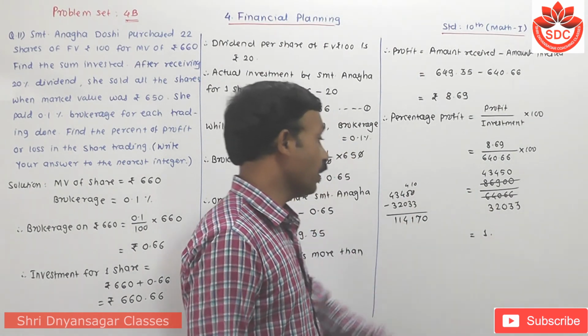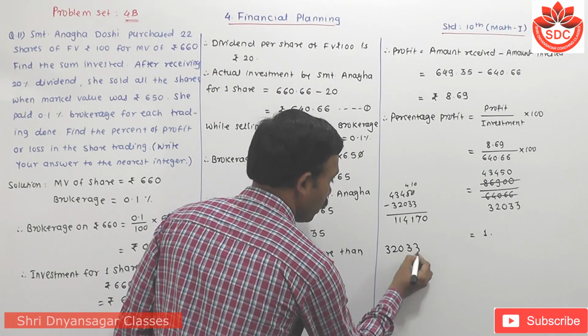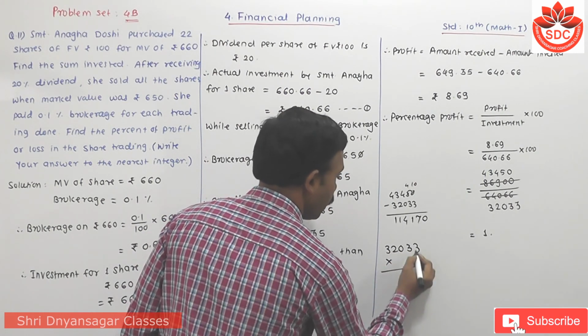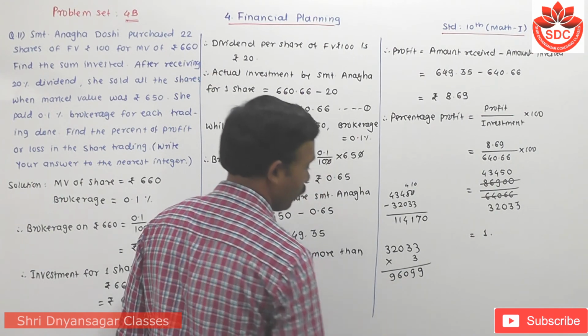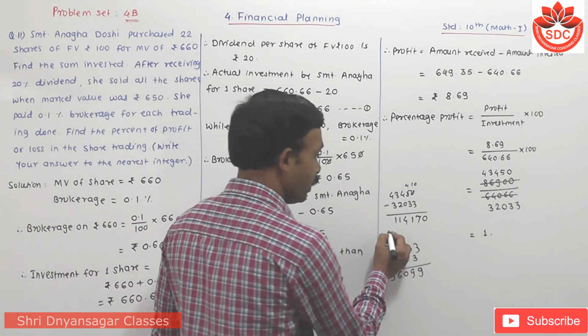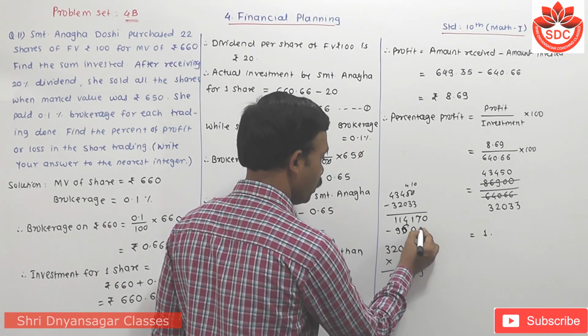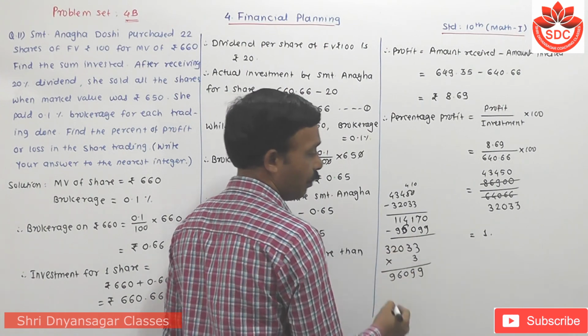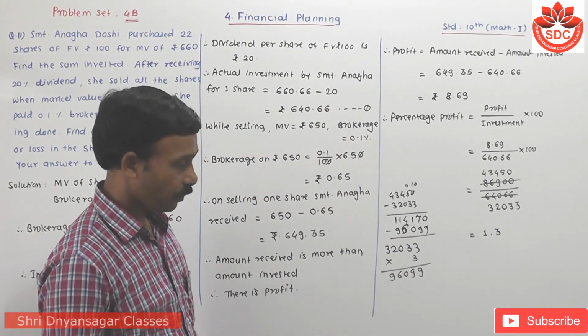So I have to multiply this 32,033 by 3. We get that 3 3s are 9, 3 3s are 9, 0, then 6, 3 3s are 9. Means that 96,099. When we subtract this 96,099, there is some remainder here. We have to take 3 here.